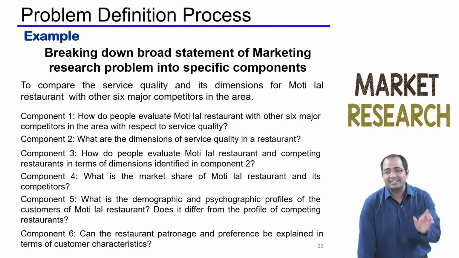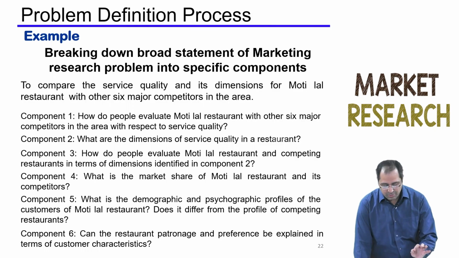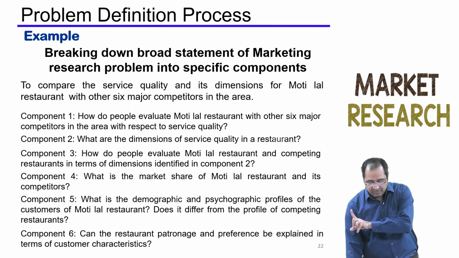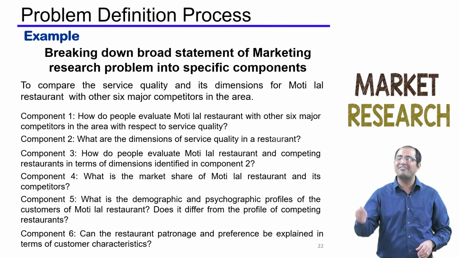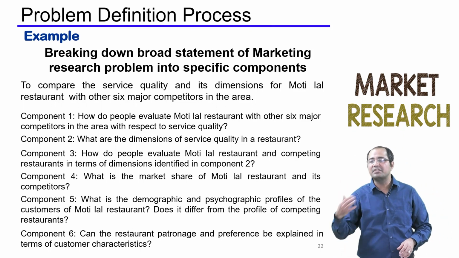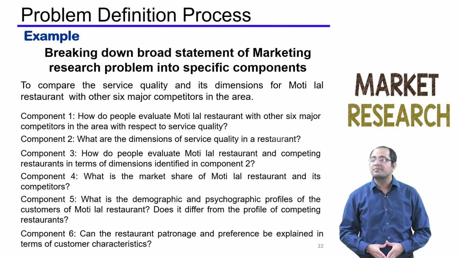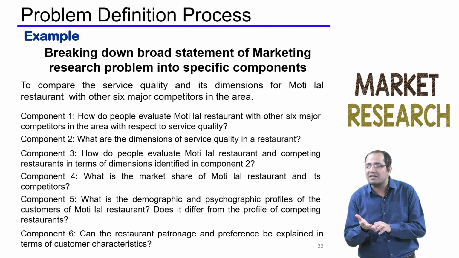So once you have the marketing research problem, if you look at it, it has many things: to compare the service quality and its constituents for Motilal restaurant with other 6 major competitors. So many things going on. So you have to simplify it into components. Without looking at the components itself, we can see that there are many things going on.